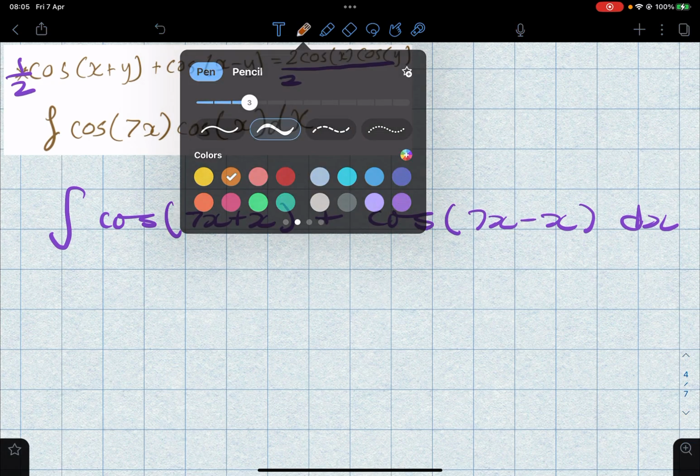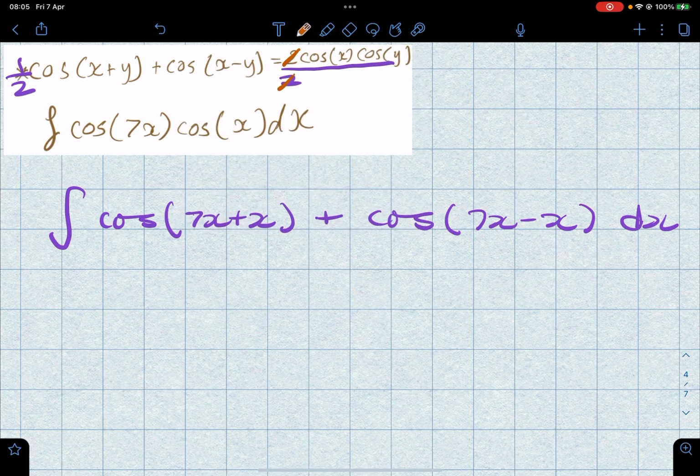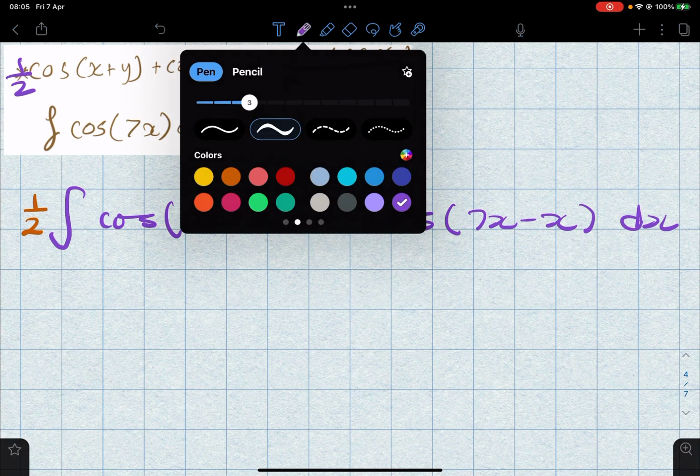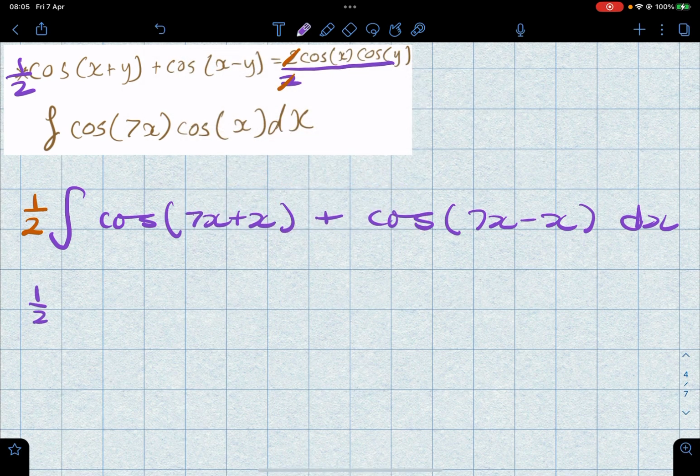Okay, so if there isn't a 2 here, you have to have your 2 here. So let me add a little half there. So I can now write the integration as half the integration of cosine 8x plus cosine 6x dx.